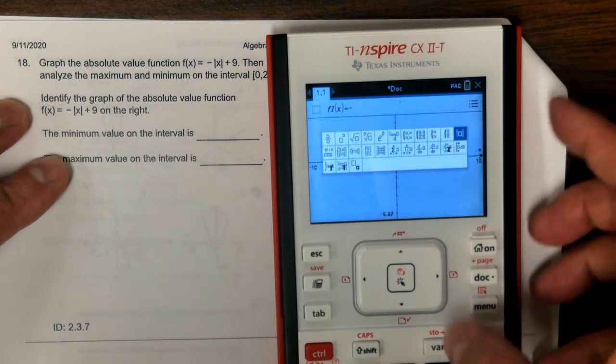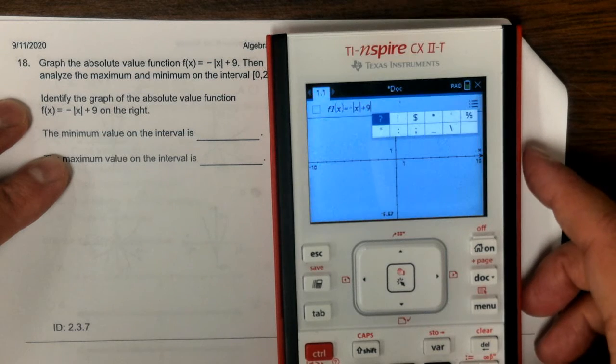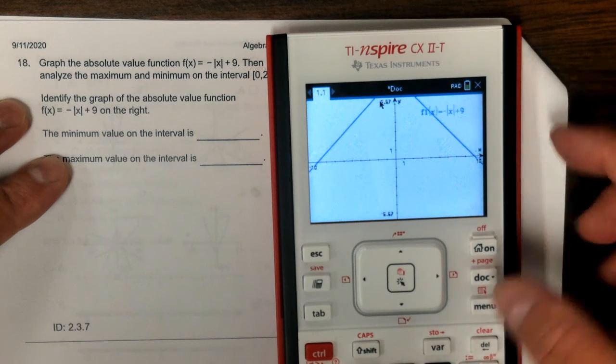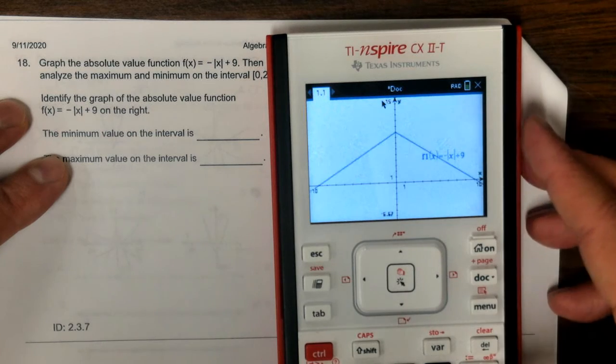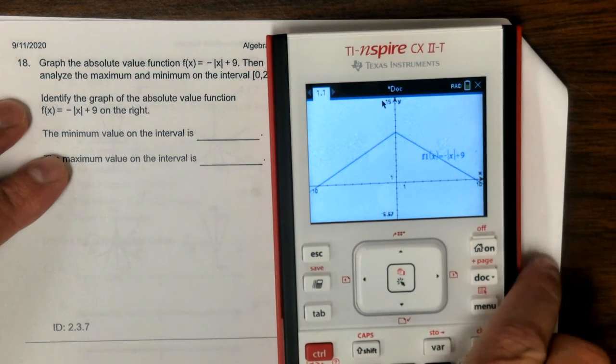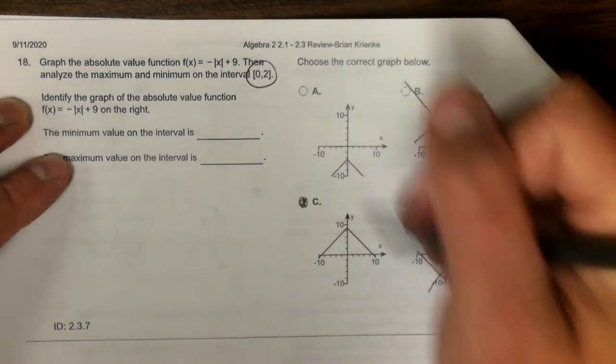Negative absolute value x plus 9. So that's that one. Now it wants you to focus on the interval from 0 to 2.